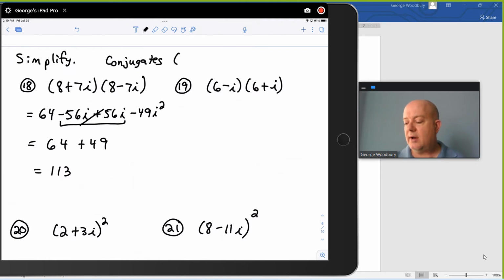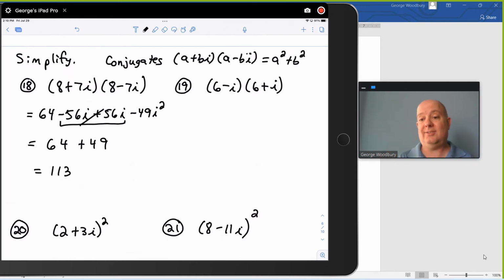And whenever you have something of this form, a plus bi times a minus bi, that is always going to be equal to a squared plus b squared. The two middle terms will cancel each other out, and the negative b squared i squared becomes plus b squared. So you can use that formula to simplify this out.